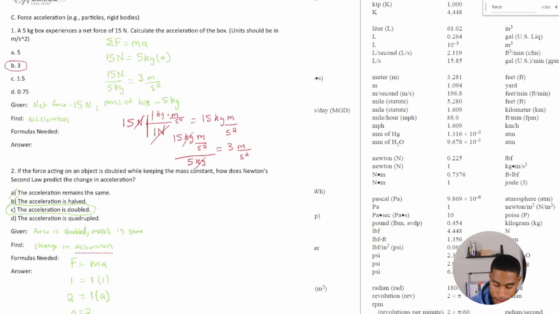If they say that the mass stays the same, keep the mass the same, and then isolate the variables that you need. So this is more conceptual, but it's coming from a formula. So still math is involved, which makes it very definite. You don't have to guess on something like this.